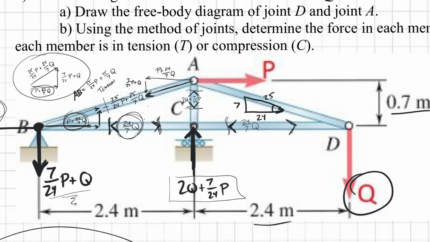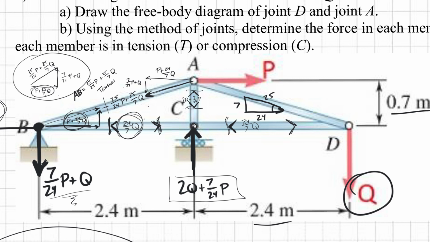So let's go over here to AC, 2q plus 7 over 24p. All right, now we're getting pretty good, like we're getting up there.